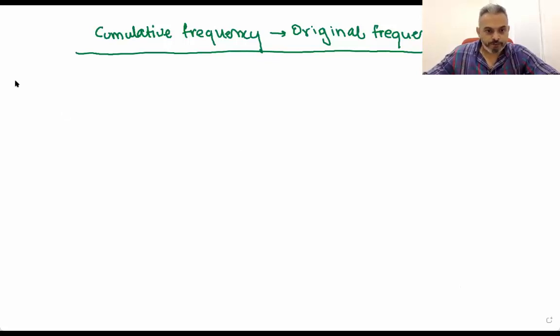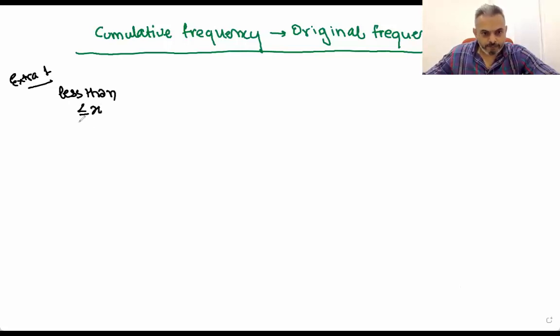Now, extra sum 1. Less than 10, 20, 30, 40, 50 and 60.